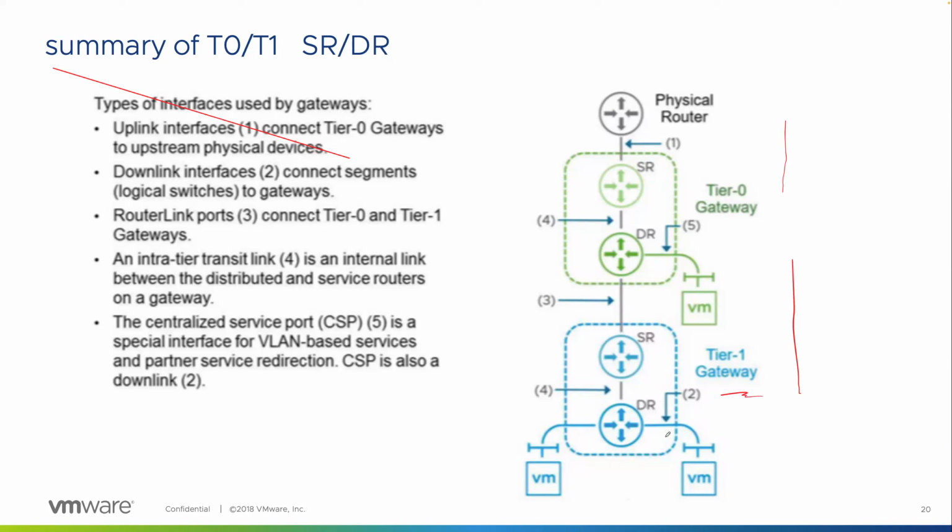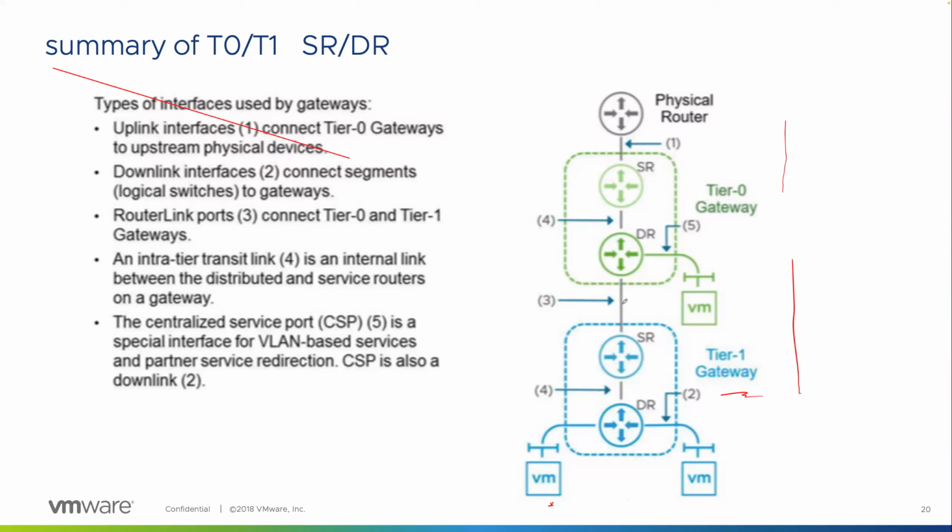T1 at the bottom and T0 at the top. So from this VM to the physical router, we have to go through 4 routing functions, 4 routers, which are DR, SR, DR, SR. That's the critical thing for you to remember.